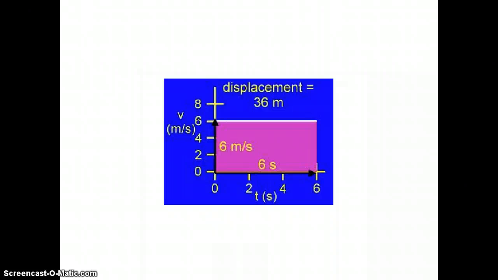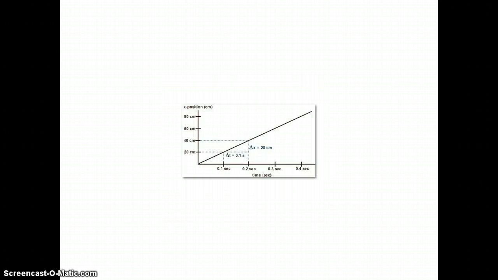Under this small velocity graph, you have a displacement of 36 meters that a vehicle moved. But here you have this random position graph. You can see it kept changing, and it moved at least 80 meters over 0.4 seconds, which is pretty fast.